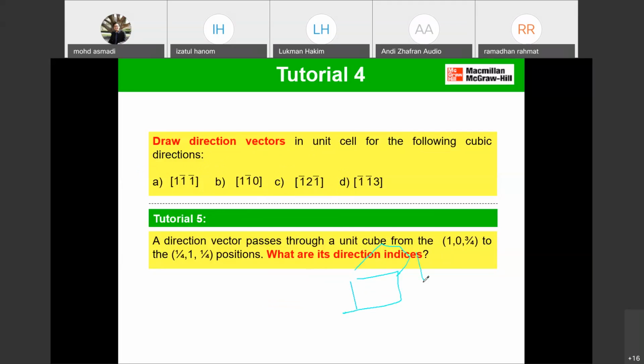Okay, so this one is Z, this one is Y, this one is X. If you look at here, this one is 1, -1 and -1. So you first define this one as the origin. You define your origin anywhere, but generally this one. For example, X is positive, right?